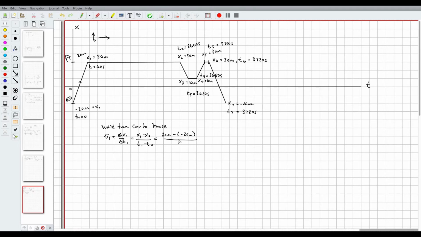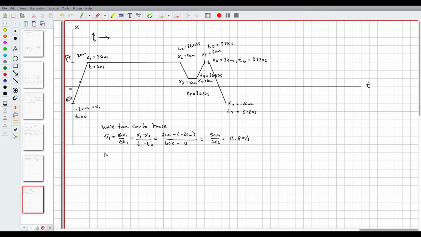What did my watch say? 60 seconds is what it read when I got to the house, and it started at 0. So when I do this, you see it's minus and minus 20 is positive. This is going to be 50 meters over 60 seconds. And if you do the math here, it ends up being about 0.8 meters per second.